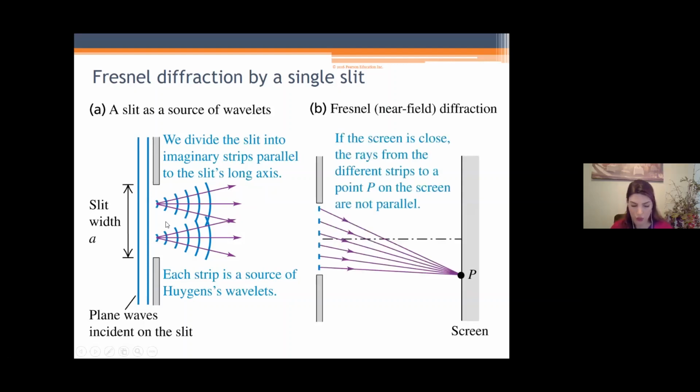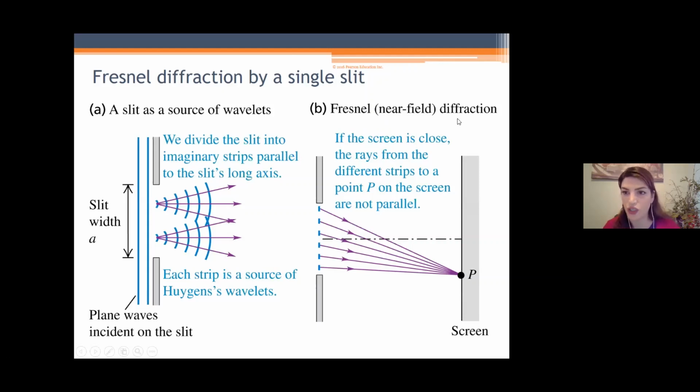Now, the screen here on the right shows the resultant intensity at a point P on the screen by adding the contributions from the individual wavelets. All right, now, this is called the near field diffraction or Fresnel.